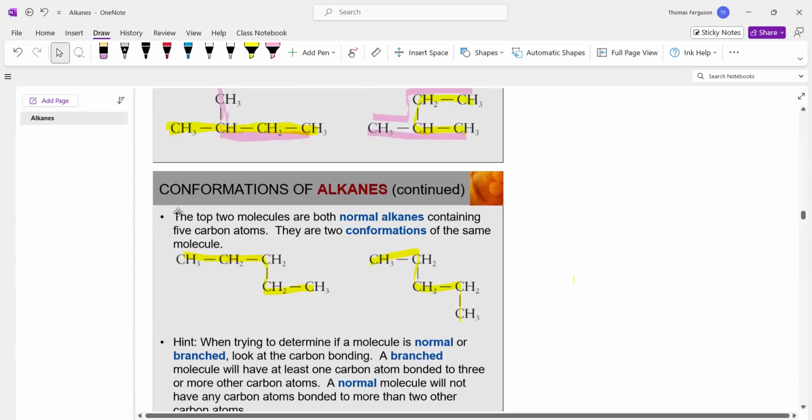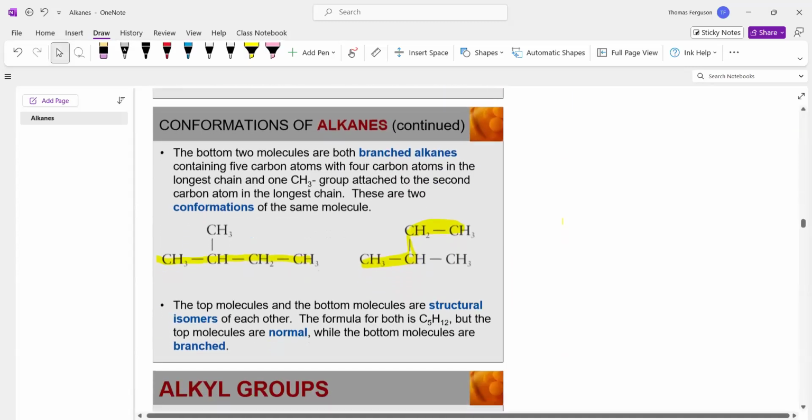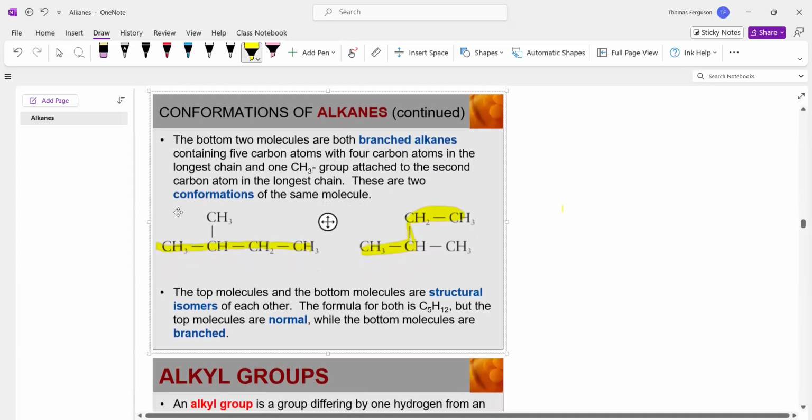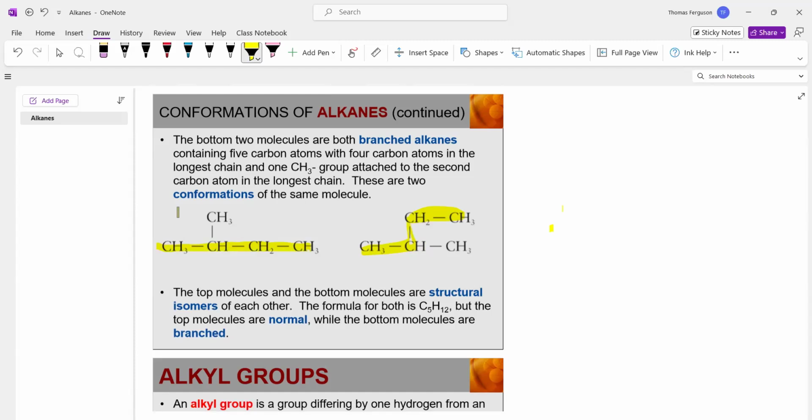Up here, I was able to keep the highlighter on it the whole time. Here, I'd have to backtrack or take my highlighter off and come up and hit the carbon up there. Same thing here.